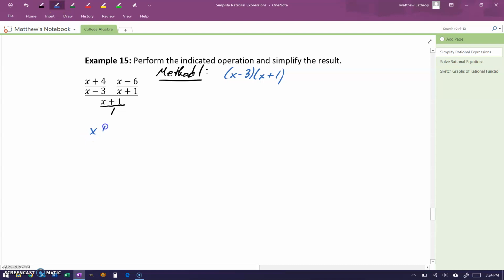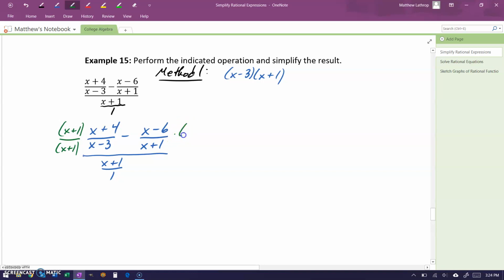What we'll do then is take our entire expression and multiply by whatever is missing to get that common denominator. So in this case, we'll multiply by x plus 1 over x plus 1 in that first term.